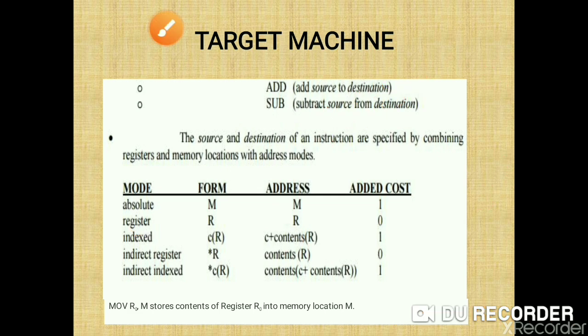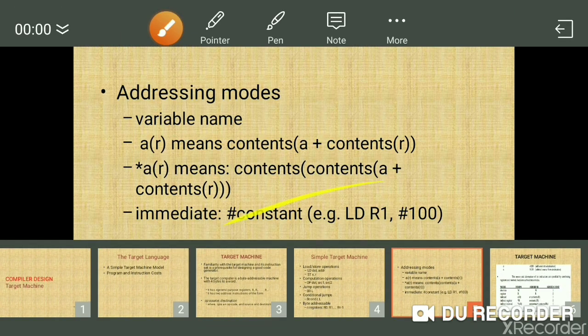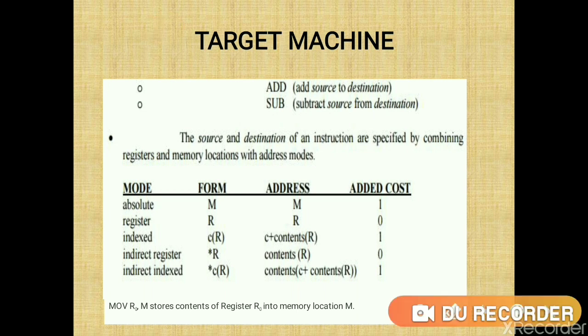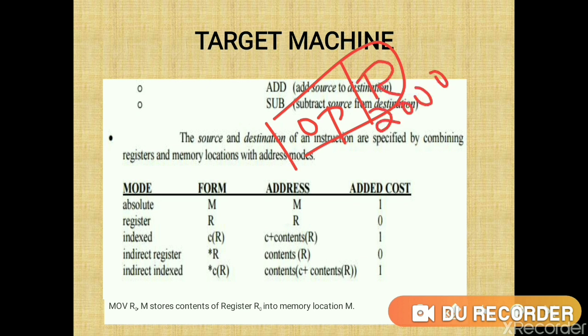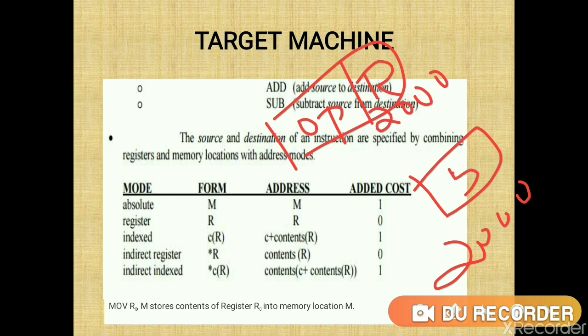If this is the opcode, here you will store some register value, say 2000. This represents the address of the register R, and from 2000 you get the value stored inside, sometimes it will be 15. This value will be assigned here, move R comma A. That value is copied.